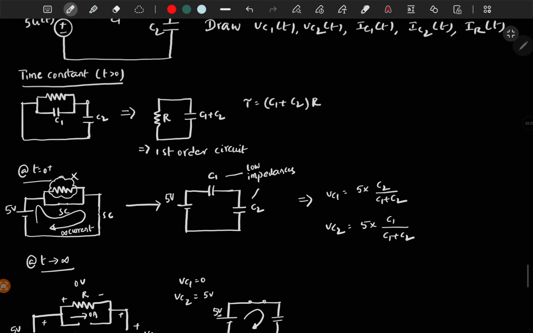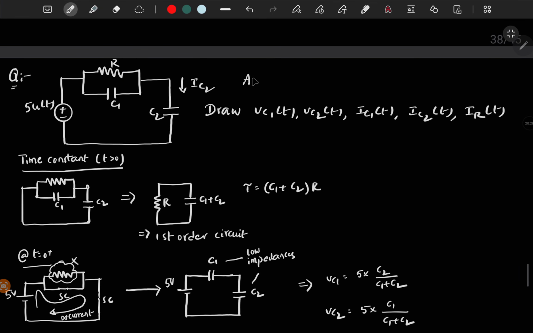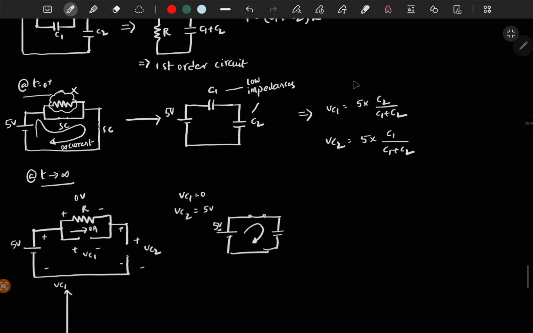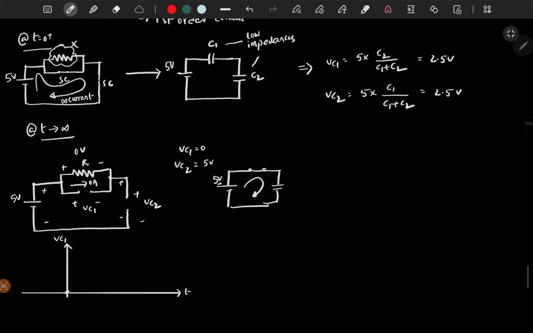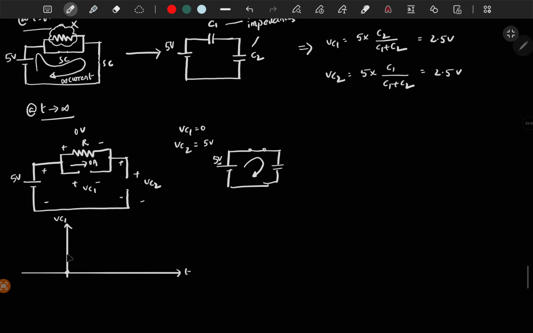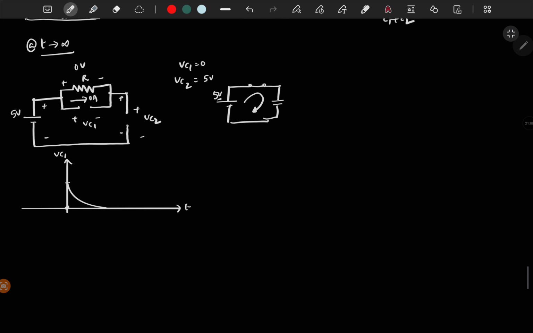So for simplicity, let's assume C1 is equal to C2, which means this is going to be 2.5 volt, and the same for C2, this is 2.5 volt. So it will go to 2.5 volt, and at steady state Vc1 is 0, so it will go to 2.5, then it will start going exponentially to 0. So this is how it behaves.